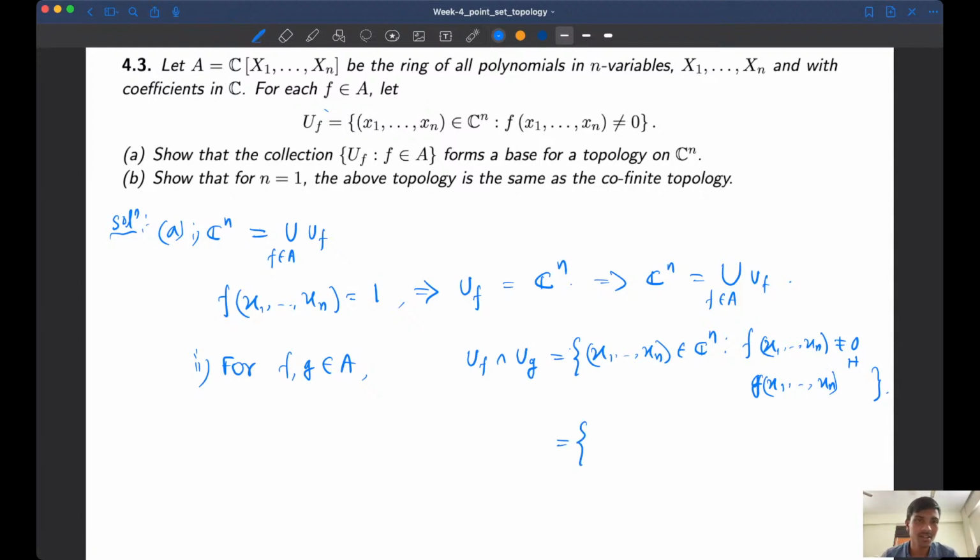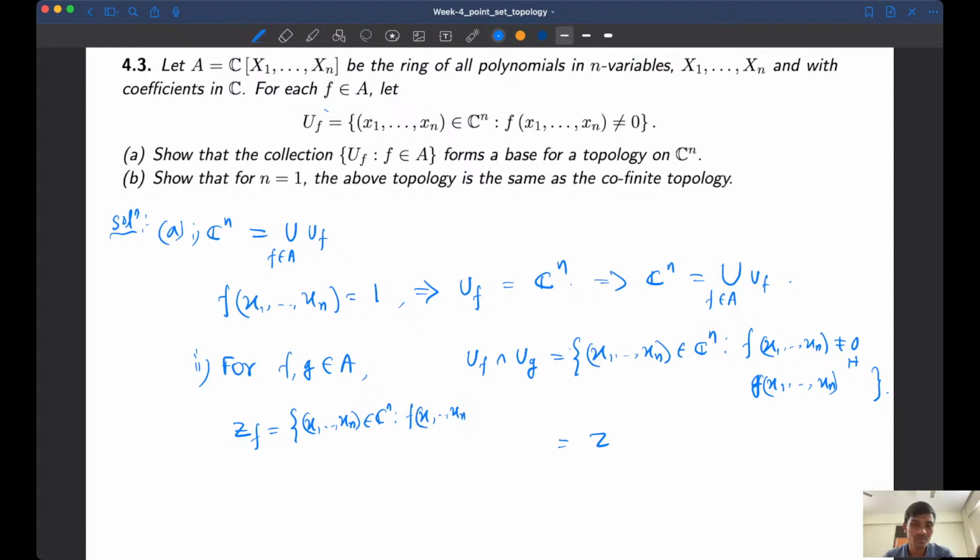So if I multiply them, UF is just the complement of the zero elements, so better to see it that way. Let us take ZF to be all x1 through xn in Cn such that f(x1 through xn) is 0.